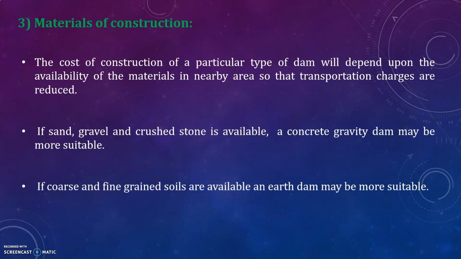If sand, gravel and crushed stone is available, a concrete gravity dam may be more suitable. If, however, coarse and fine grained soils are available, an earth dam may be suitable. The preliminary selection of a particular dam based on the first two physical factors must correspond with the easy availability of the materials required for its construction. Otherwise, the type of the dam should be dropped.